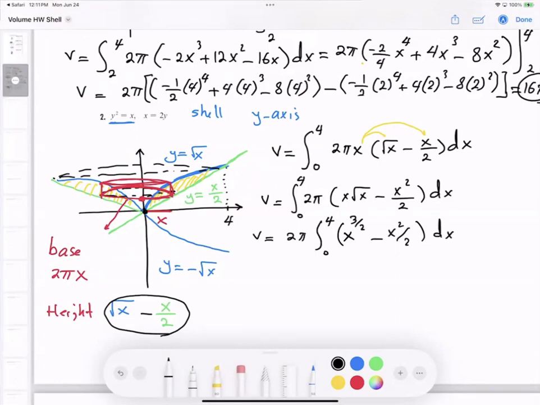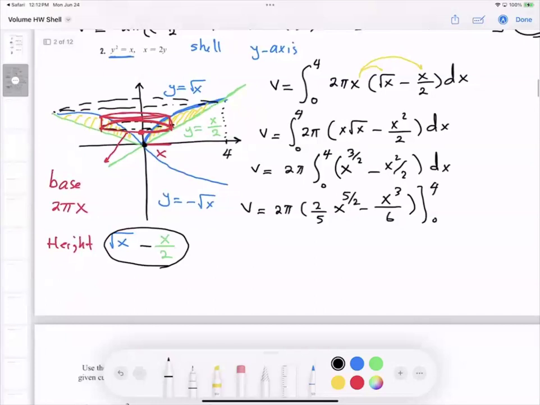So to calculate this integral, this guy becomes 2 pi times, if you add 1, you get 5 divided by 2, so 2/5 x to the 5 over 2, minus, and here if you add 1, you get 3, so you get x to the third divided by 6, and x ranges between 0 and 4. We're not really worried about 0. The only thing we're worried about is 4.